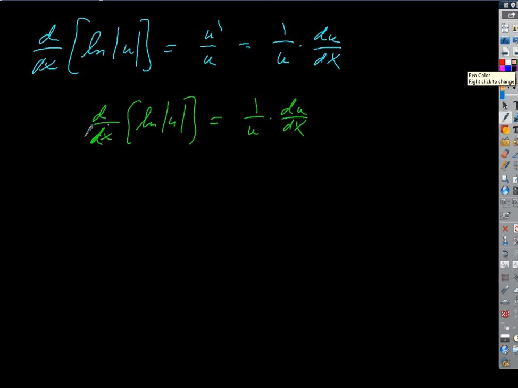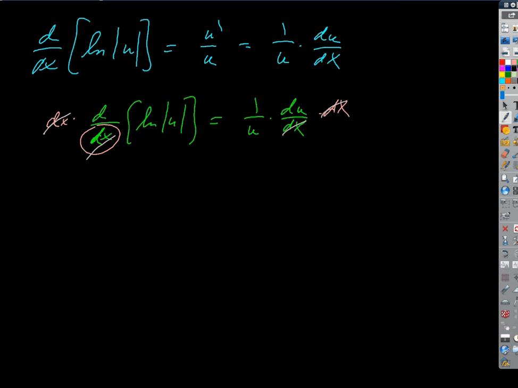Multiply by dx. Yeah, that's all I have to do. So algebraically, look what that does. It just cancels the dx's on both sides, right? And it puts this into differential form.